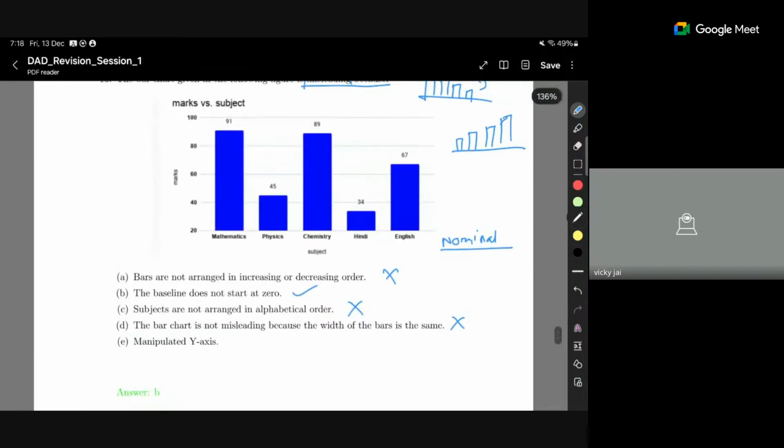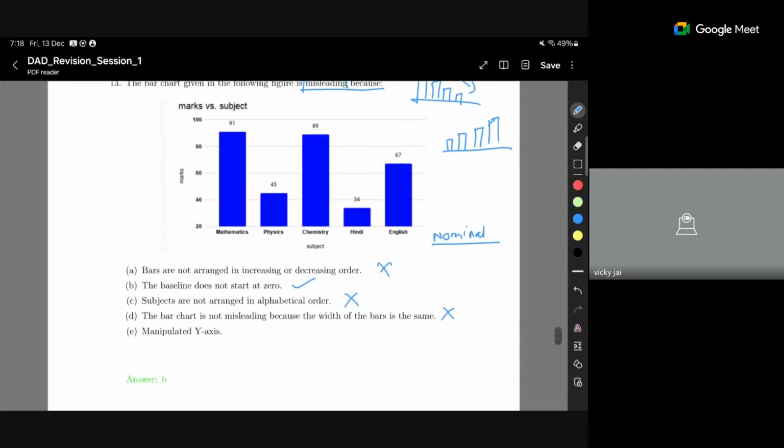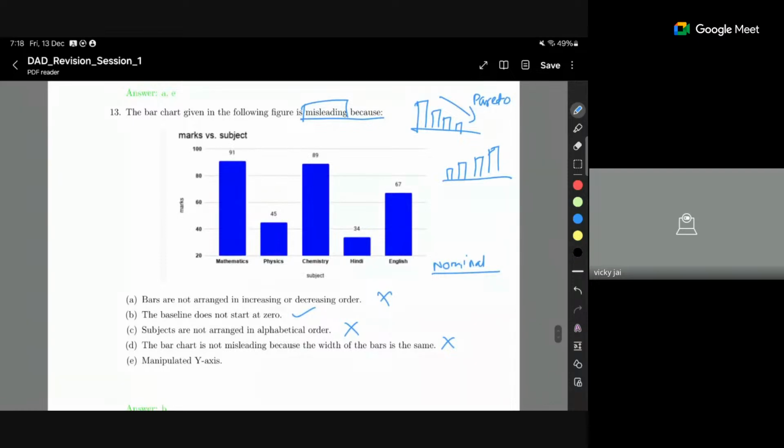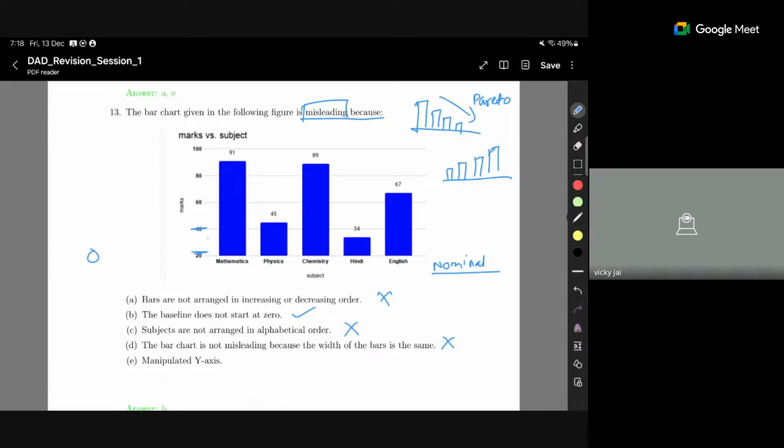Okay, manipulated y-axis. That is not true because we are not manipulating the y-axis. So how does manipulating the y-axis look? Maybe you start from 0, then the gap is equal, right? 20 to 40, this gap is 20, this is 20, this is also 20 till 100.